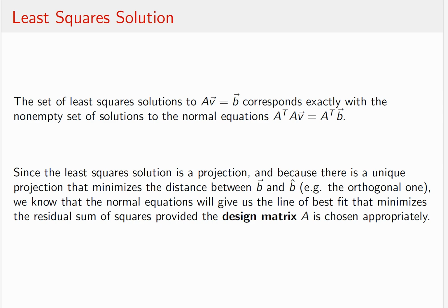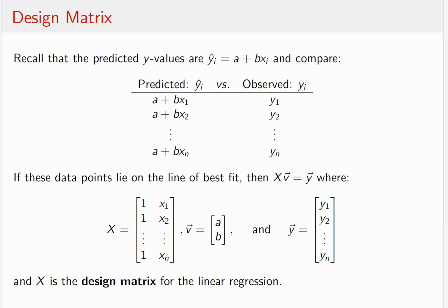Okay, and I'm going to go through this quickly. Why? Well, it's not the most important material. This is helping you understand the theory. But remember, we're comparing predicted versus observed, right? And if they lie on the line of best fit, then we know this is true.